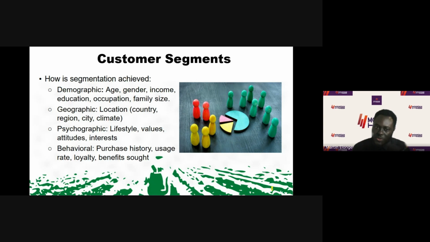You come down to the south where you have more of Christians, influenced by religion, influenced by their culture. So if you have to be able to sell to these different groups of people, you have to segment them within these borderlines. You have to understand how they think. That will drive their purchasing power in the long run, their behavioral.